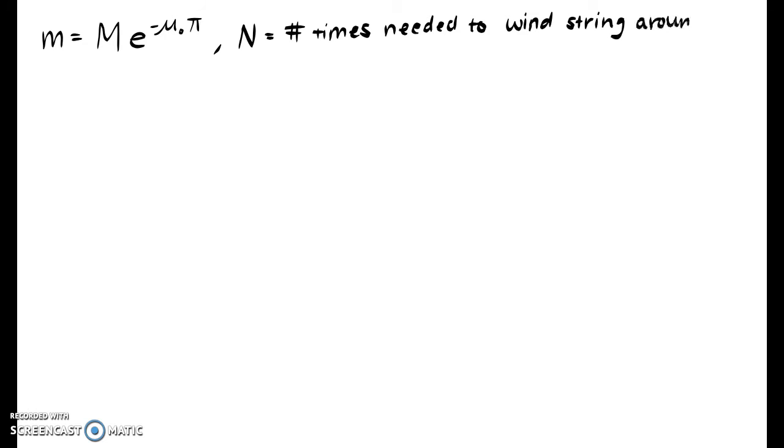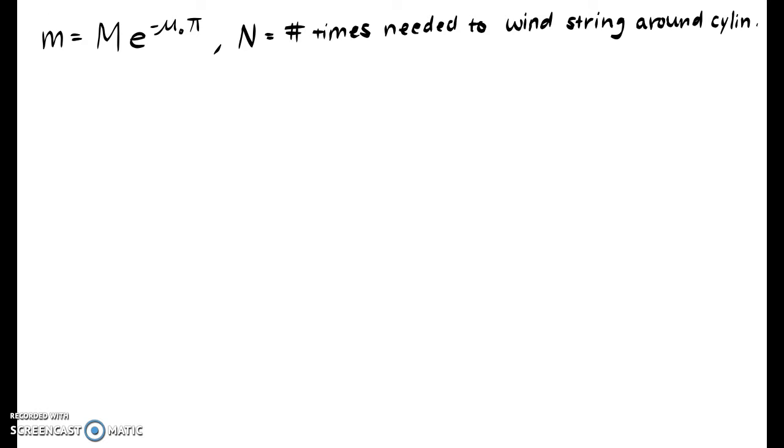So we're solving for the number of turns that we need to wind the string. So let's call that number n. So n is the number of times needed to wind the string around our cylinder.